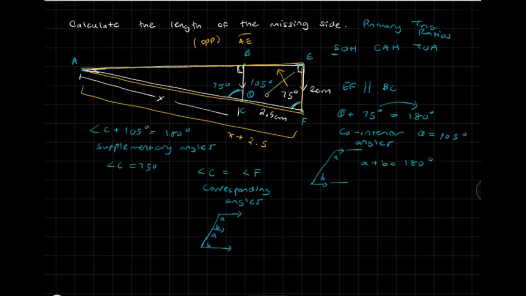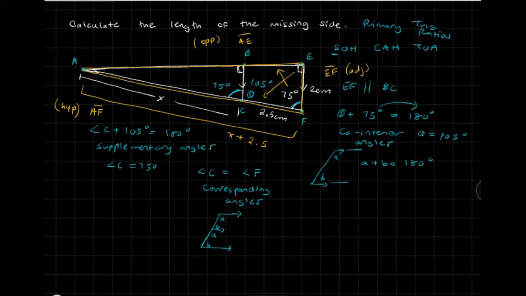The hypotenuse is side length AF. I'm just going to keep it consistent. So the hypotenuse is AF, and you also have side length EF, which is your adjacent side.